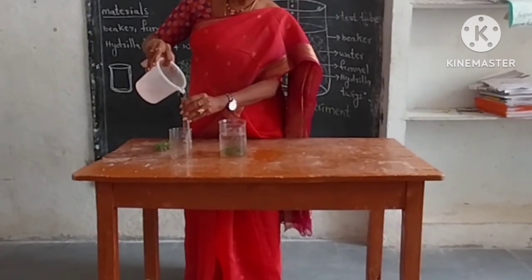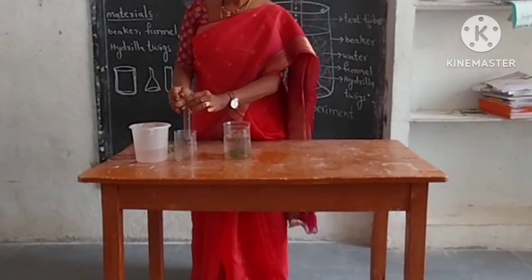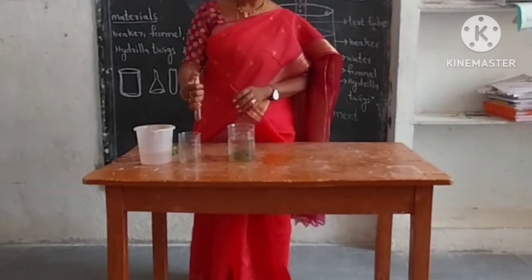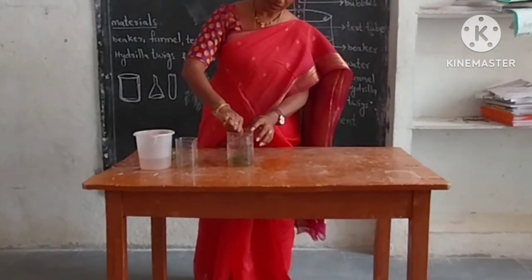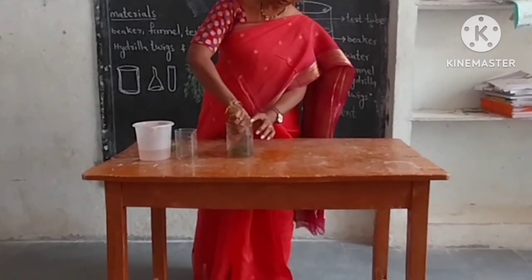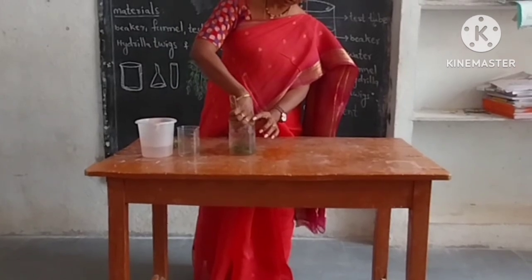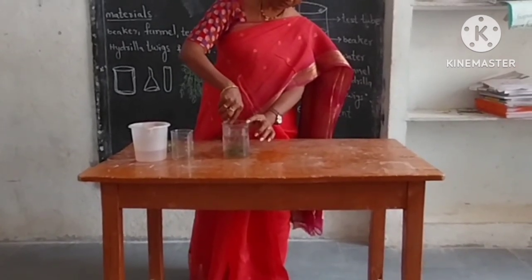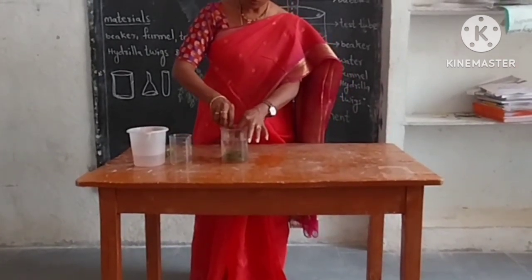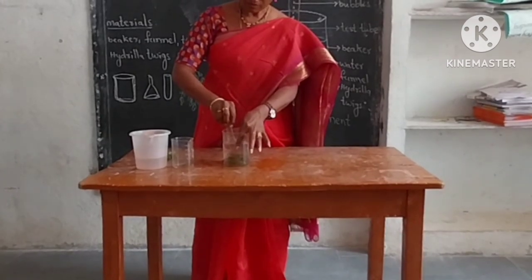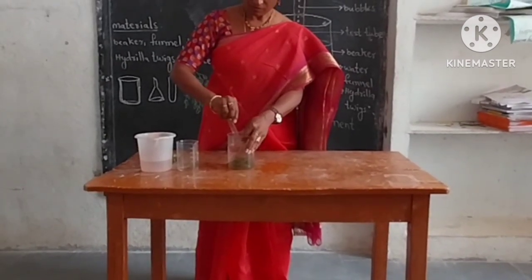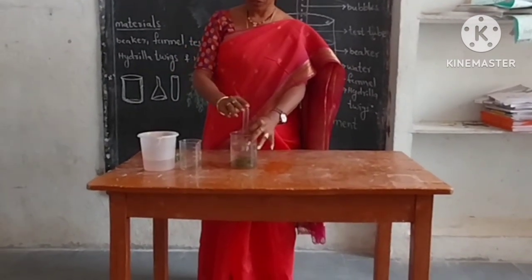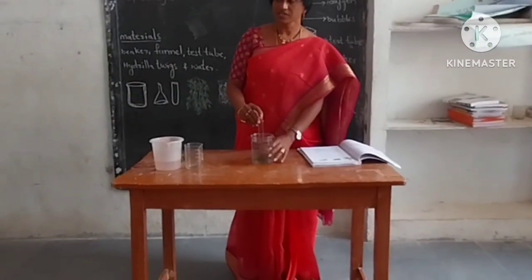Pouring the water into the test tube. Now we have to take care and slowly invert it in the beaker and slowly insert the test tube. Okay, this is the setup.